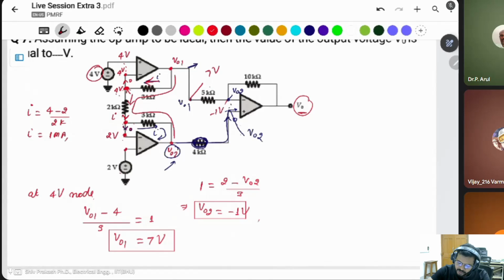Then, because this current is 0, you can use KCL here, at the node of minus 1 volt.